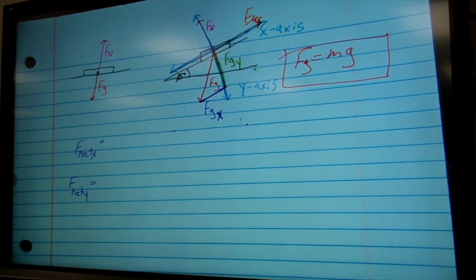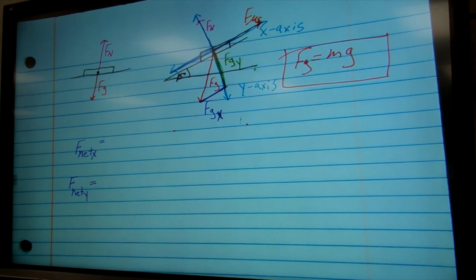Once I find that net force and the angle that it's at, I just have to take the 180 of it. The opposite. Yeah, it's the opposite.